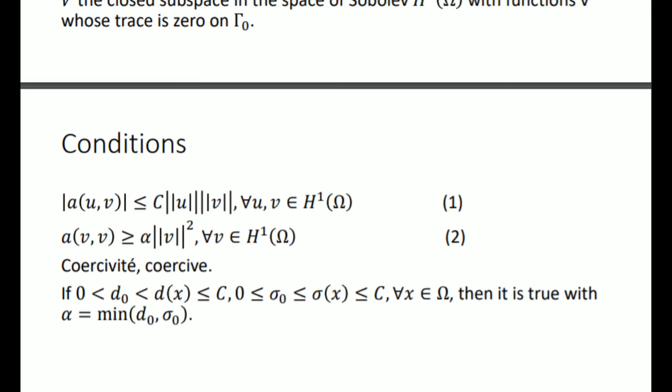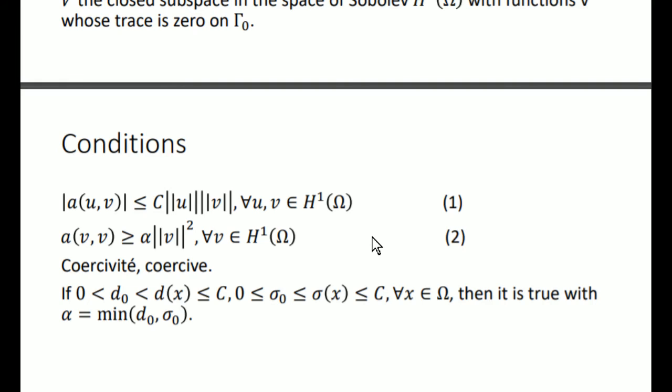So that's the first condition that needs to be done. And the second one is called the coercivity, or coercive, and it's a condition in which the fact that you apply it in two test functions, it must be above v squared.